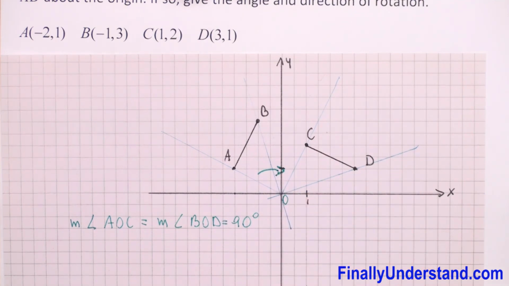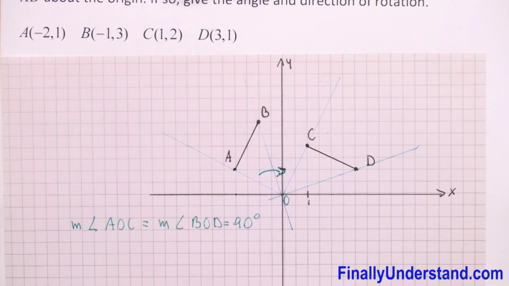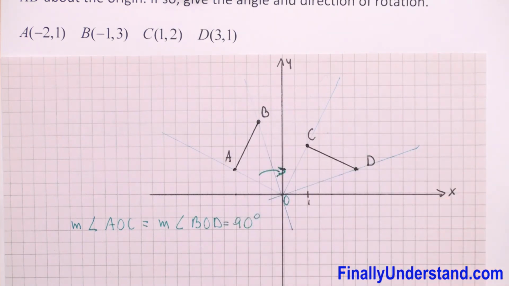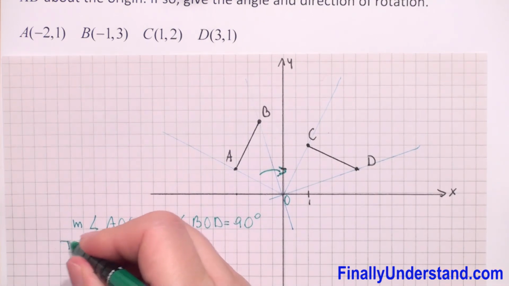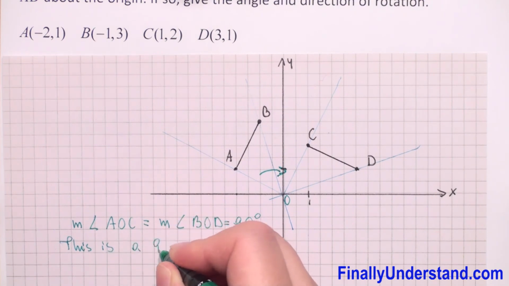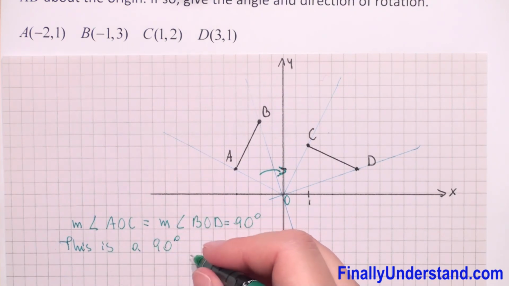This is a 90 degrees clockwise rotation because we are moving like a clock to the right. So we can write that this is a 90 degrees clockwise rotation.